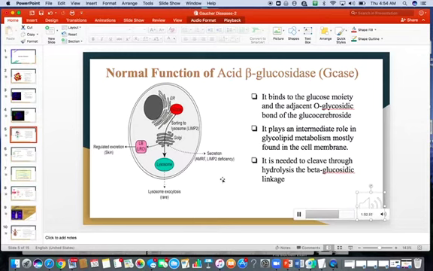It starts by binding in the endoplasmic reticulum, and it goes through a sorting process, entering into the Golgi apparatus and tending to diverge from the Golgi apparatus and into the lysosome.